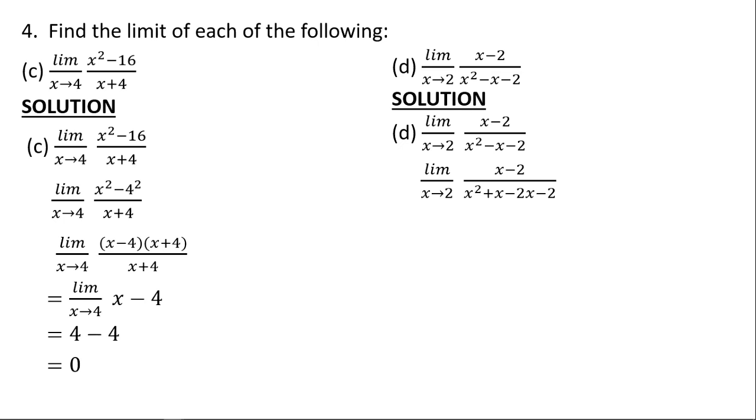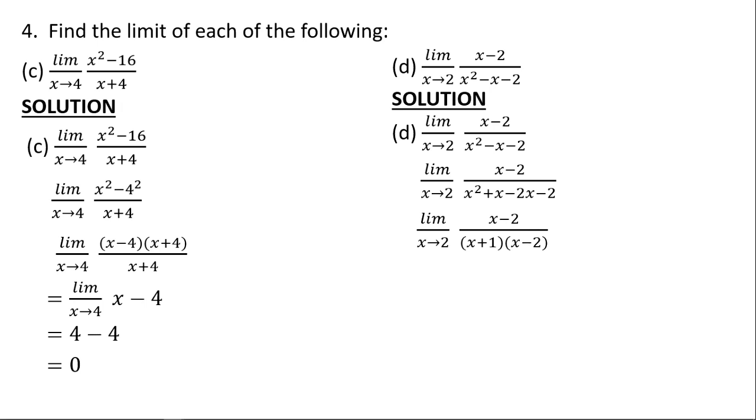Then we factorize by grouping terms. Our common factor is x, and then we open our brackets, x plus 1. Then our common factor there is a negative 2. So we get x minus 2 over x plus 1 times x minus 2. x minus 2 is a common factor. x minus 2 into x minus 2 gives us a 1.